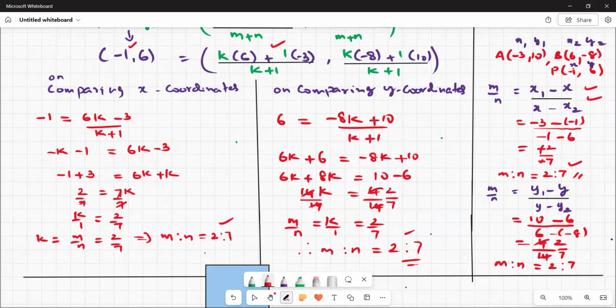This is a very, very short method of finding the ratio in which the line joining 2 points is divided by a particular point. This question is usually asked for 2 marks or 3 marks. Even if it is asked for 3 marks, after completing the problem, check with the help of this shortcut formula whether the answer you got is correct or not.